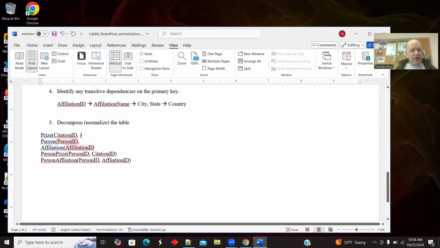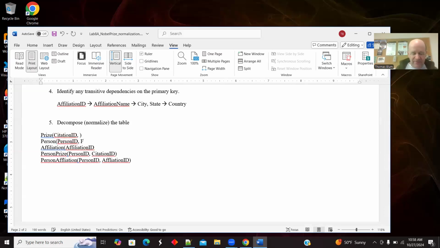And then what are some of our fields? For the person, we know we have a first name and a last name. And sometimes it's not a person, sometimes it's a group. Now in 2024, the Peace Prize was won by an organization of Japanese survivors of the nuclear bomb.